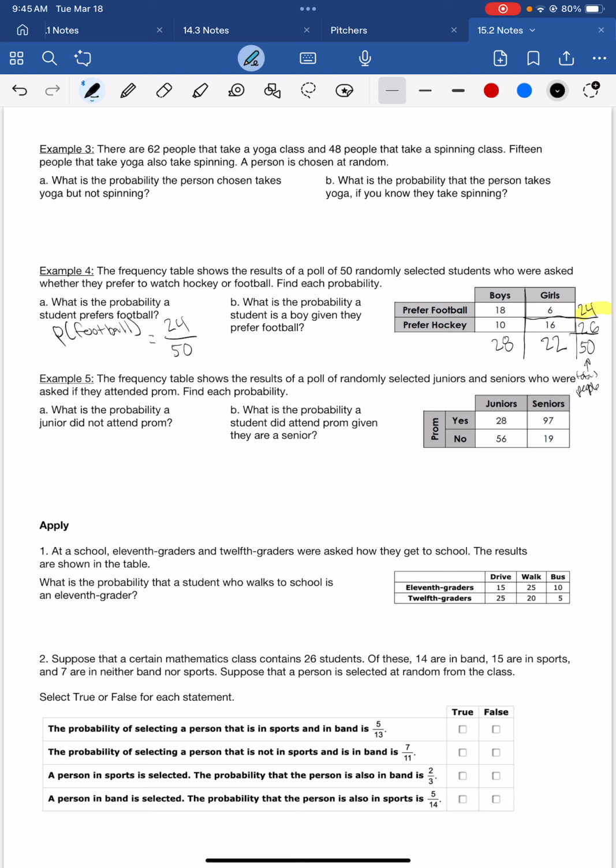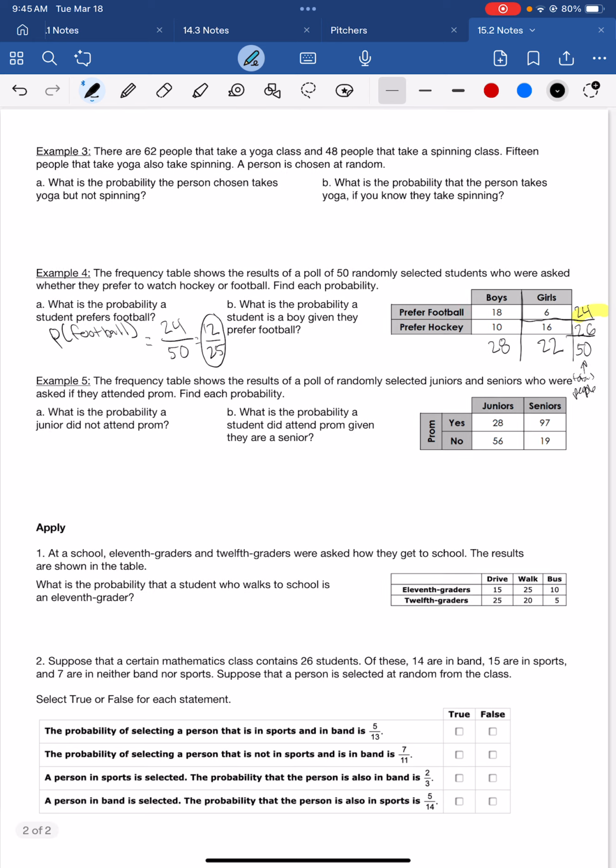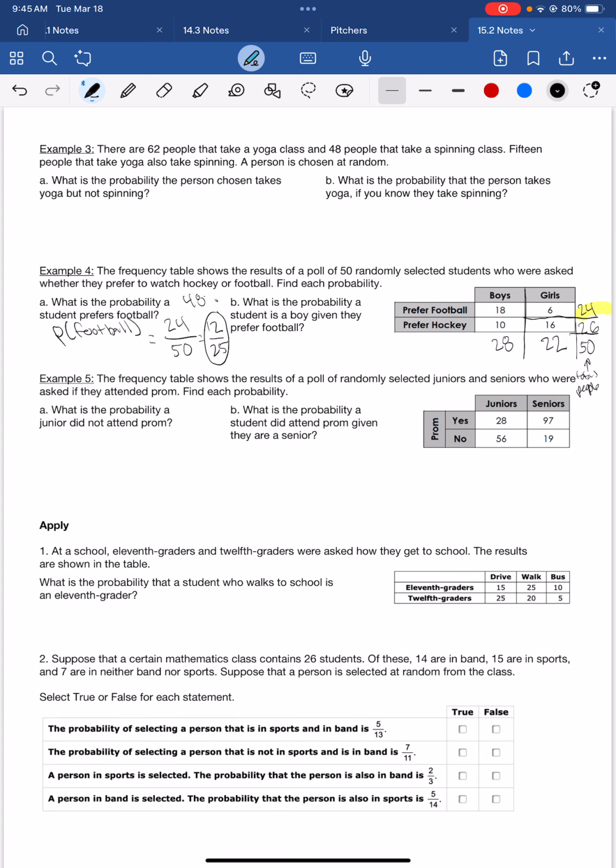We can divide both of those by 2, and we'll get 12 over 25. We'll just leave that as a fraction. If you wrote it as a decimal, that would give you 0.48 or 48%. Either one there, but it'll be clear what it wants you to do.